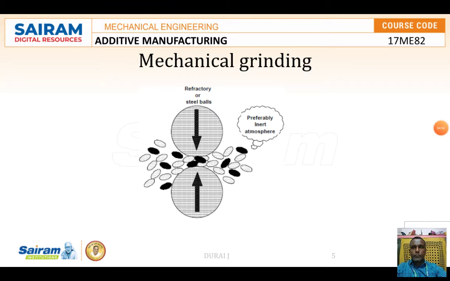Mechanical milling typically uses a high-energy shaker, planetary ball or tumbler mills. The energy transferred to the powder from the refractory or steel balls depends on the rotational speed, size and number of balls, ratio of ball to powder mass, the time, and the milling atmosphere.